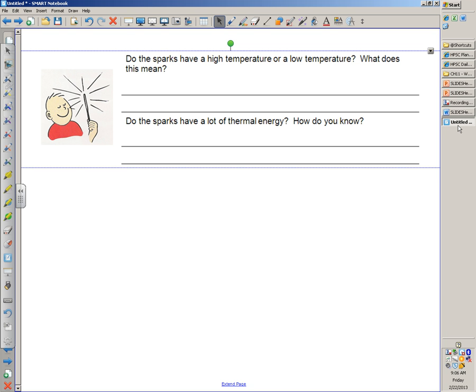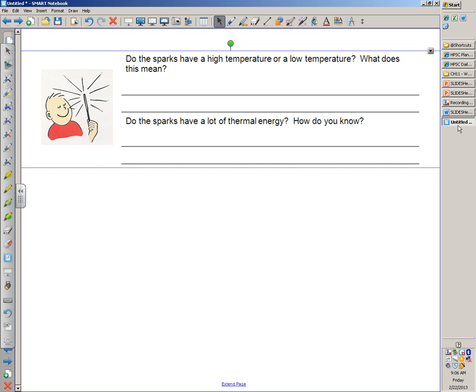Sparks have a high temperature. Rachel, what does that mean if they have a high temperature? It means that the motion is high. The particles that make up those sparks have a lot of motion, a lot of kinetic energy. But do the sparks have a lot of thermal energy?